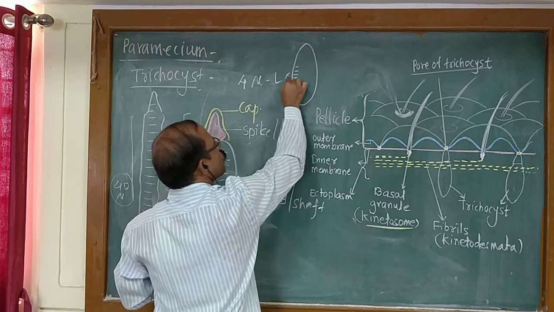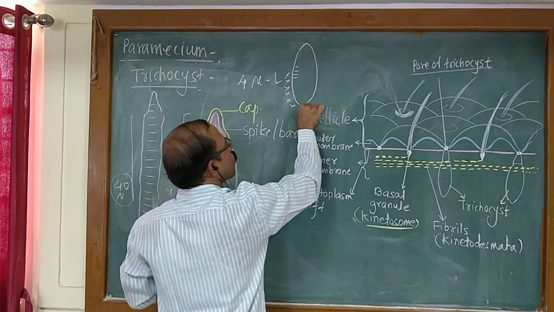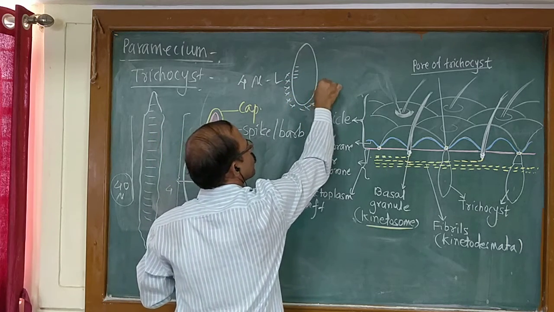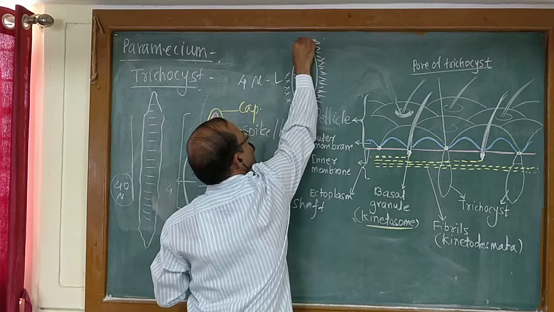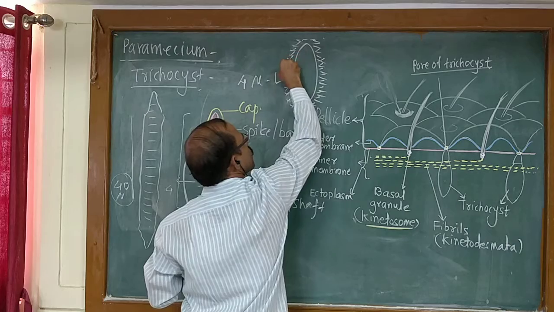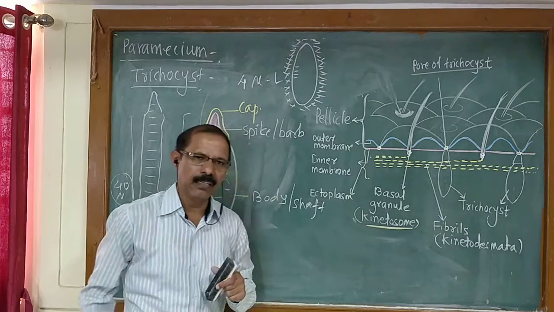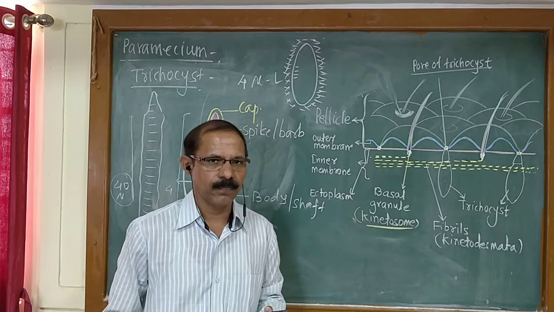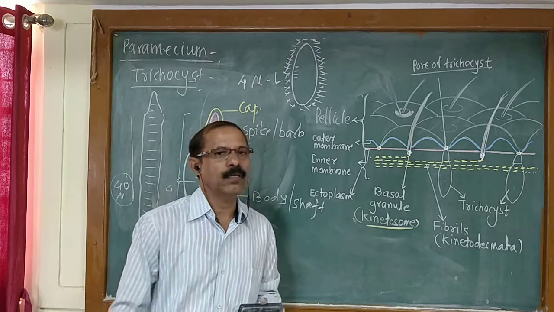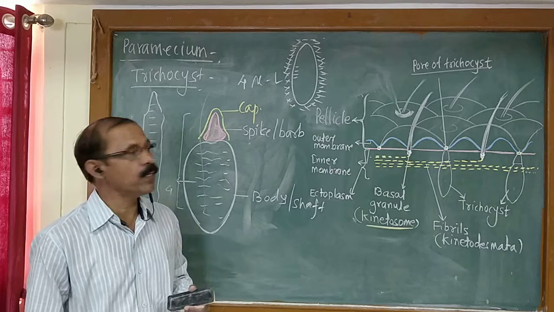When paramecium is disturbed, it throws out its trichocyst out of the body, because the function of trichocyst is offense and defense. Every organelle has its organ of defense, and in the case of paramecium, trichocyst is the defense organelle.